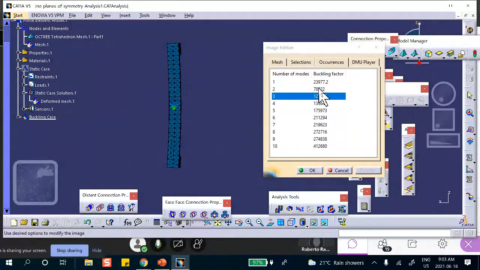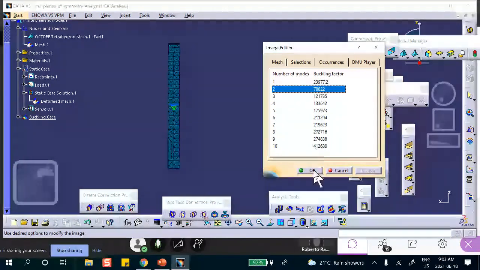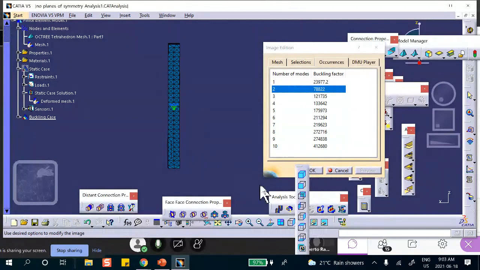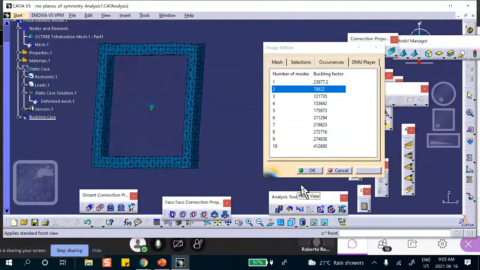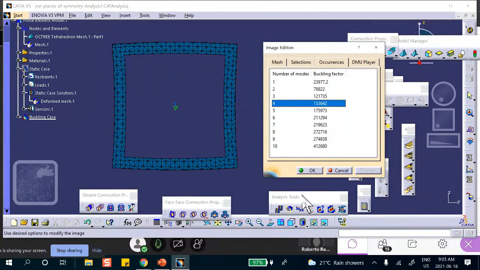Oh, no, that one's... where is this? Not this one, not this one. Oh, maybe it was that one, yeah. So this seems to be in plane. You look at the view from the front. Oh, no. Well, let's look at the view from the side here.